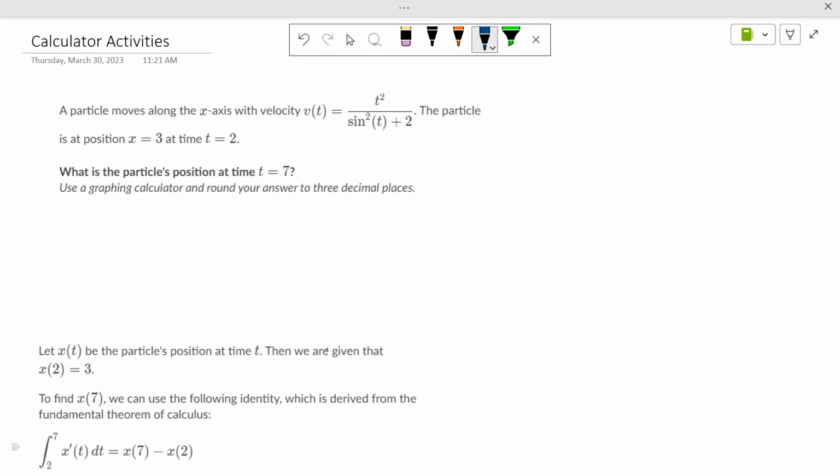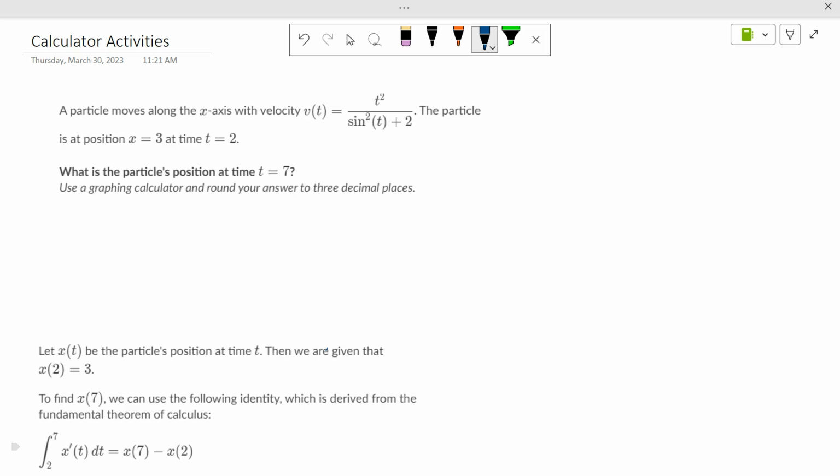Okay. So a particle moves along the x-axis with a velocity of v of t equals t squared over sine squared of t plus 2. The particle is at position x equals 3 at time equals 2. What's the particle's position at time equals 7? How would we set this up?